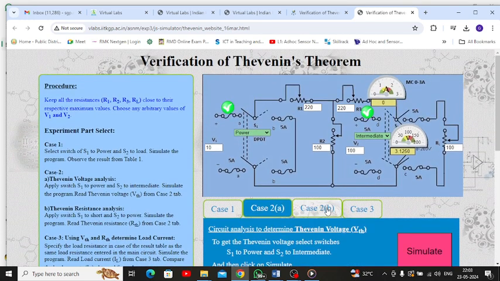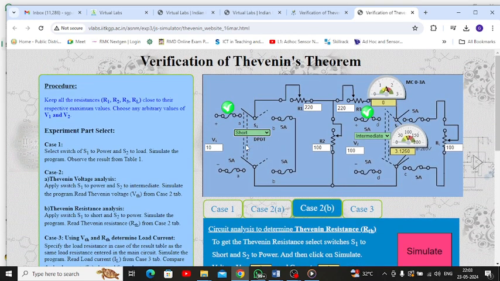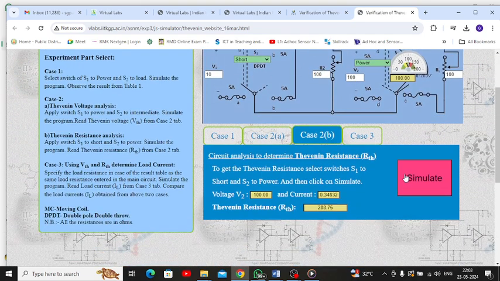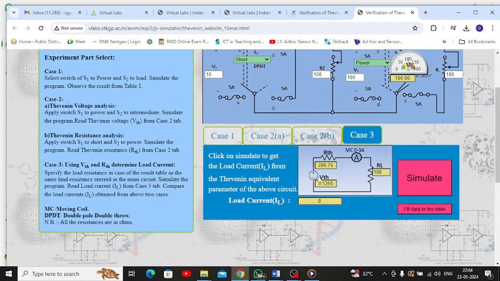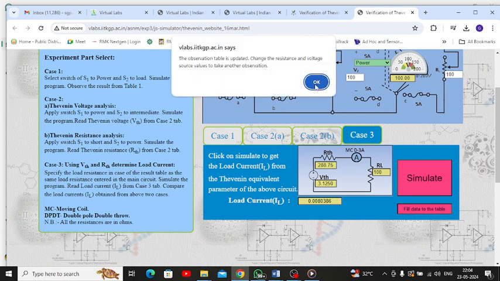Coming to case 2b, this is to be in the short condition and this at the power condition, simulate. We get the same resistance. Coming to case 3, we take these values, and if I simulate, I get the load current as around 8.03 milliampere. Fill this data into the table.